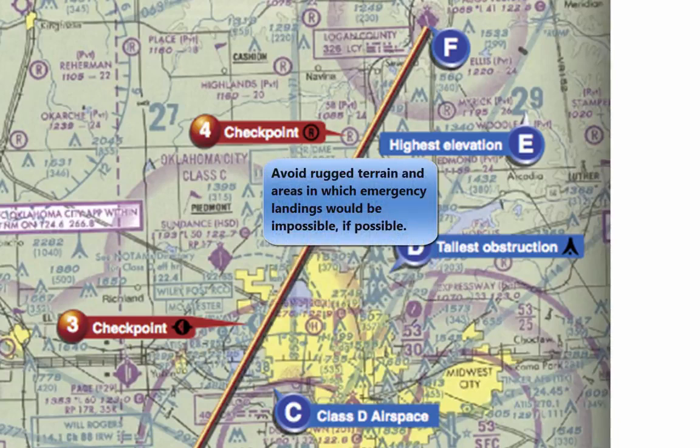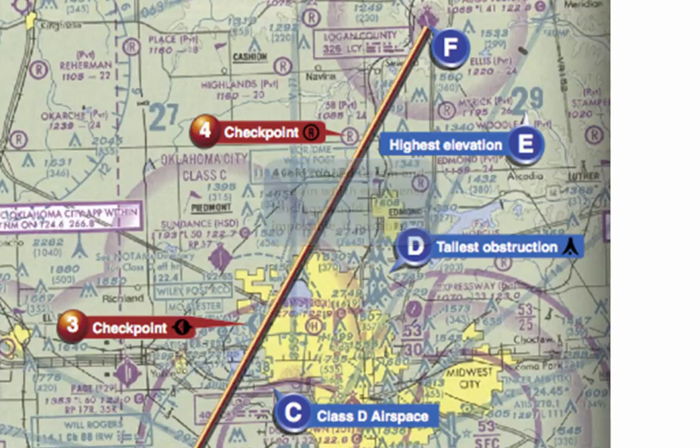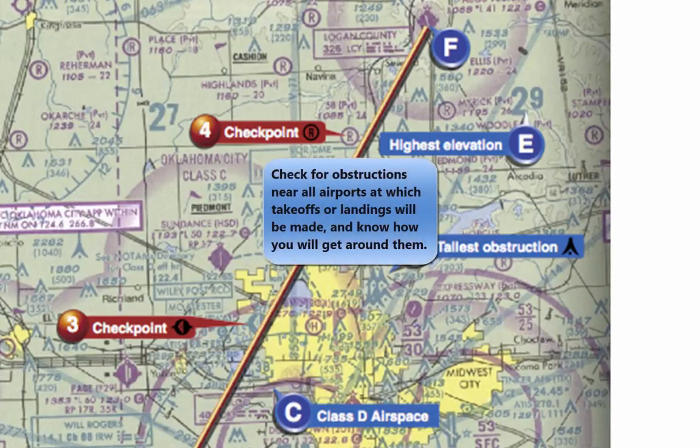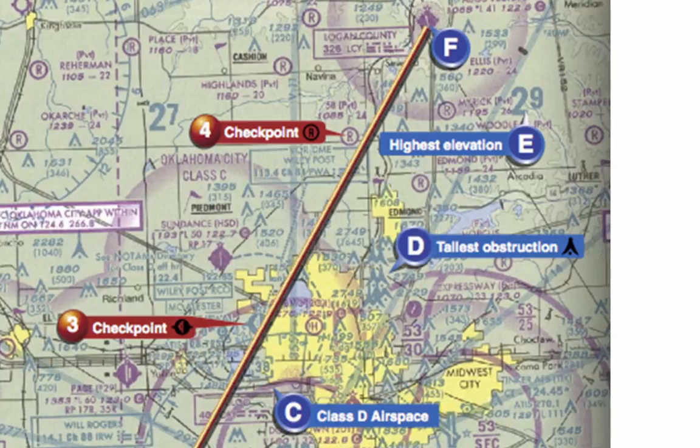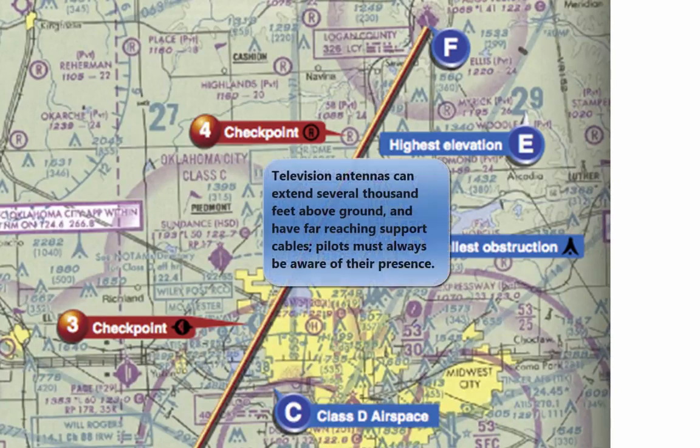Check the route for particularly rugged terrain so it can be avoided. Areas where a takeoff or landing is made should be carefully checked for tall obstructions. Television transmitting towers may extend to altitudes over 1,500 feet above the surrounding terrain. It is essential that pilots be aware of their presence and location.